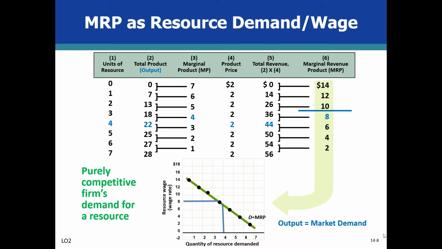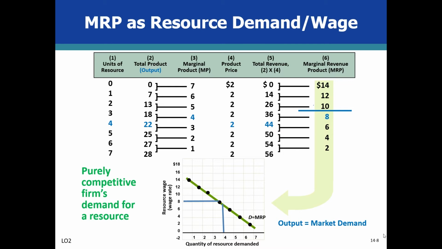Wage rate is on the vertical axis, quantity of resource demanded on the horizontal axis. However, let's come at it from another direction: how much a firm can make by adding workers to its process.